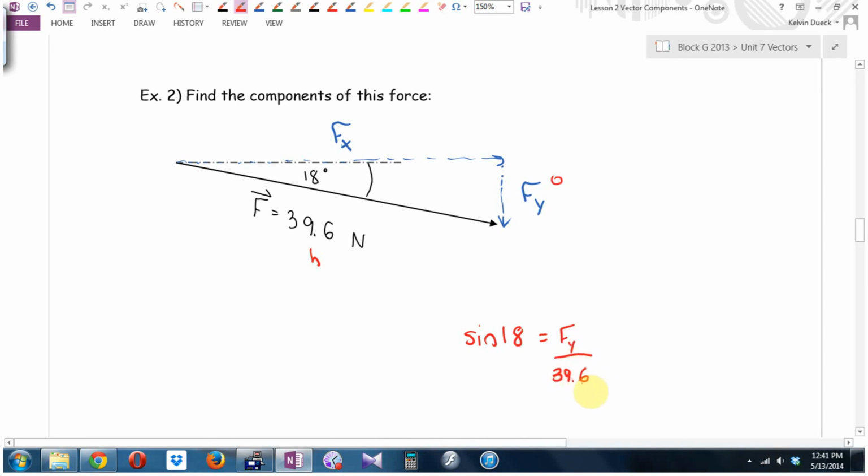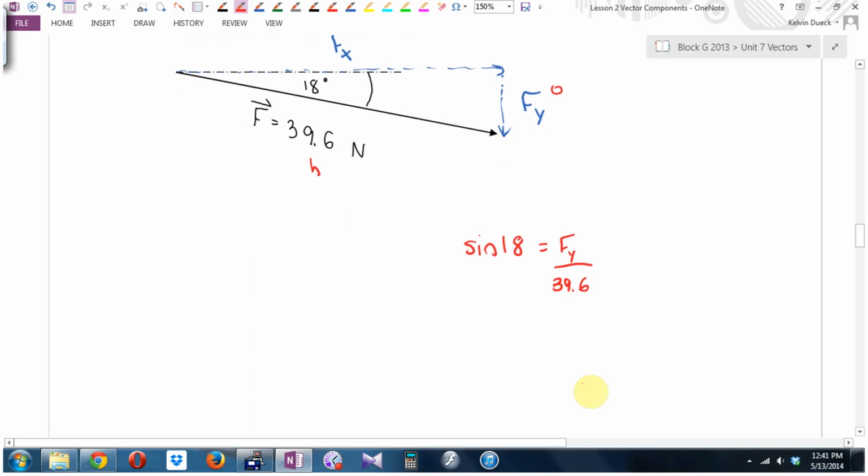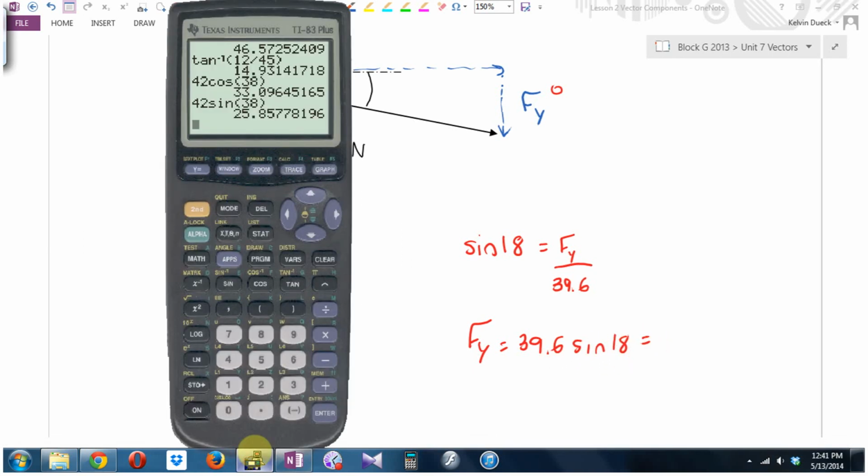How would I get the Fy by itself? So Fy is 39.6 times the sine of 18.